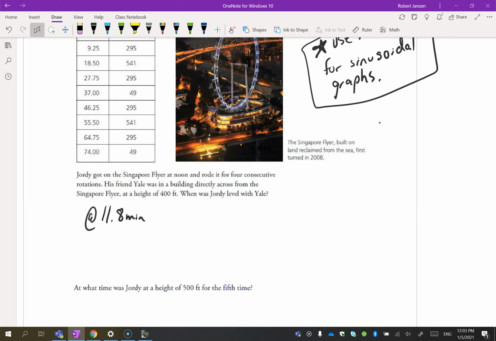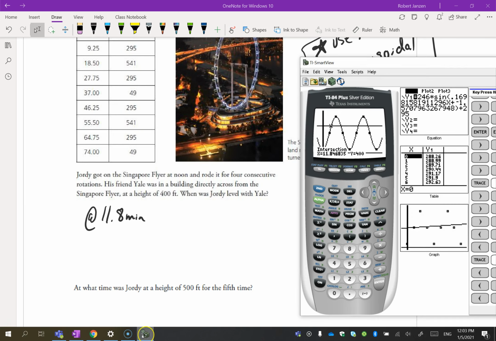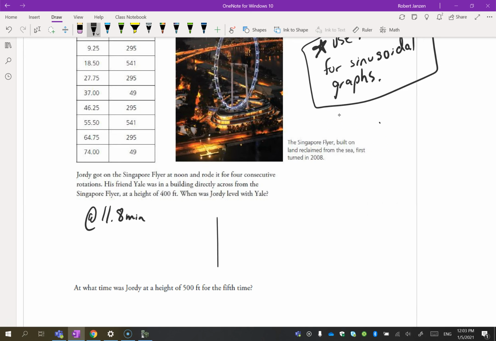At what time was Jordy at a height of 500 feet for the 5th time? Okay, 500 feet. When do you get up to 500 feet? Well, this is 541 at the very top. So let me do this quick sketch again. This is 541 feet.